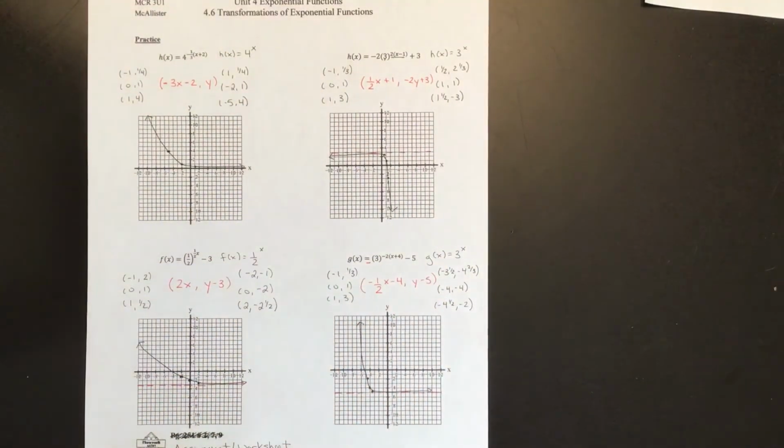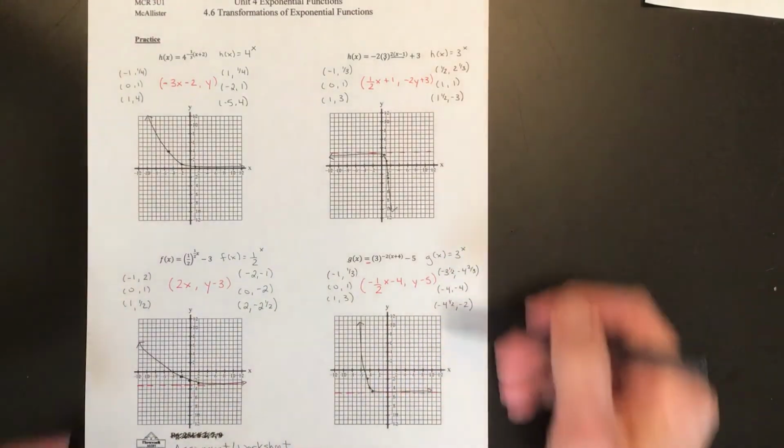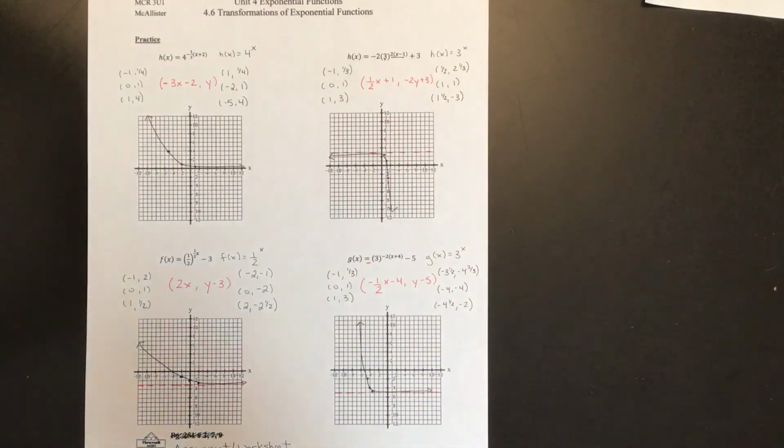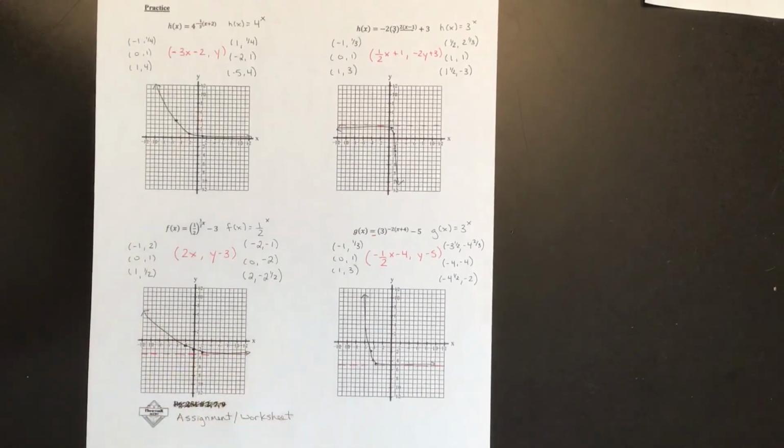So I just have a selection of graphs that I would like you to do. Just fill in exactly the way I did here, and then take that and upload it into the assignments folder on D2L. So you can take a picture of it, or you can scan it, and then just upload it back to me so I can see how your graphing is going.